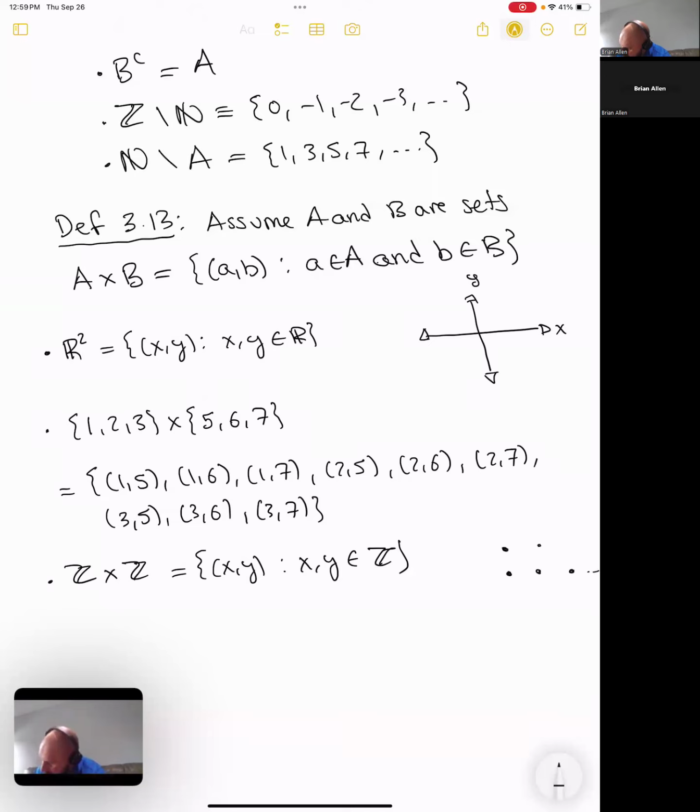And I'm drawing these dots to say it keeps going in all these different directions, but it can be visualized in the XY plane.